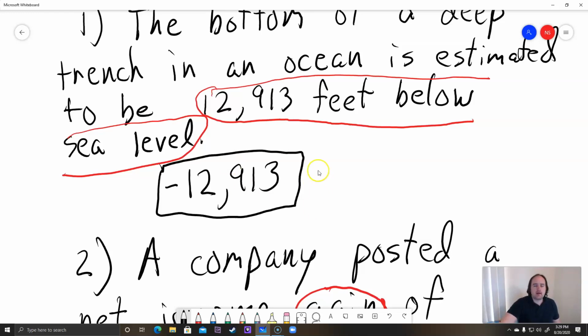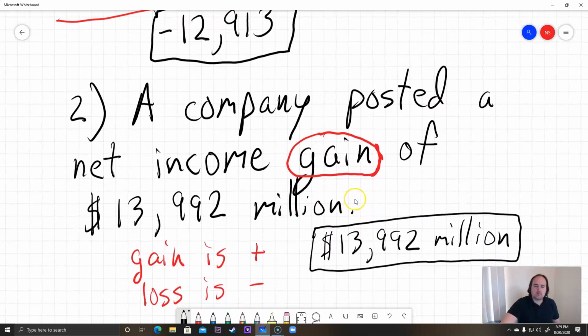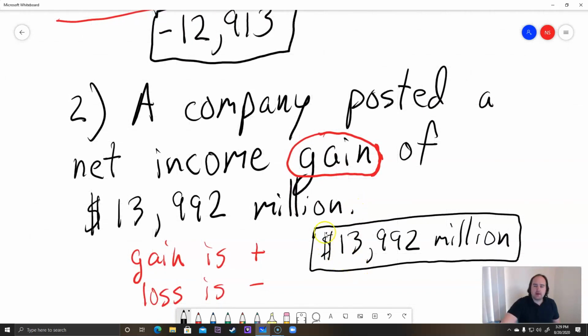In MyMathLab, they're going to either write feet below or write it like this. On this problem, they already have the dollars and the million written for you, so you're really only going to be typing in this part. Okay? All right.